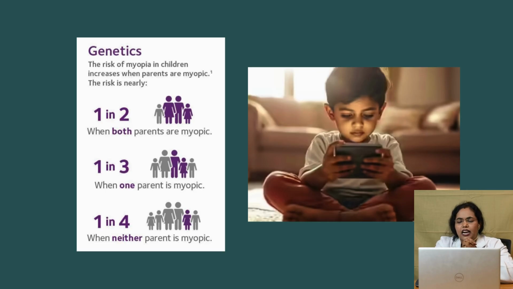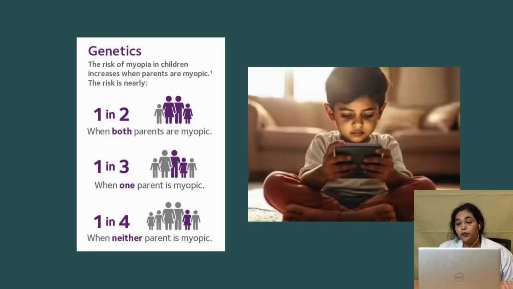So what is it? After a lot of research, eye experts and scientists have come to the conclusion that it could be genetics and lifestyle habits. Let's understand genetics through this image. If one of the parents is myopic, there is a 25% chance of the child developing it.